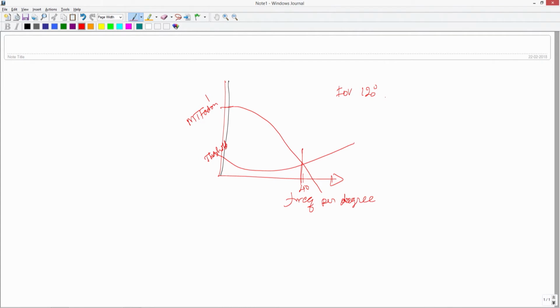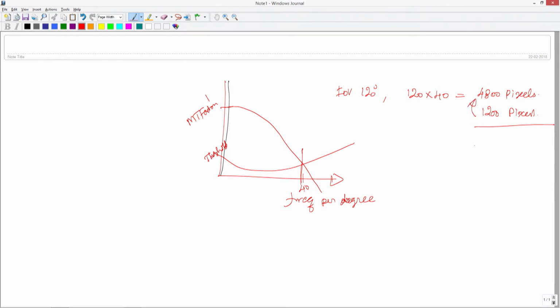So the number of pixels needed for 120 degrees is going to be 120 into 40, which is 4800 pixels. As of now we have about 1200 pixels, let us say, as state of the art.